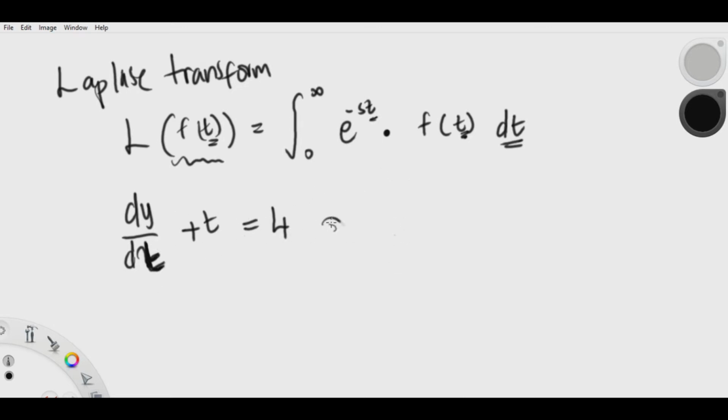And you're told to Laplace this. What this is telling you to do is produce another equation in which each element of this equation has been Laplaced. So this has been transformed, this has been transformed, this has been transformed, and then you put it back in the same order, and that's how you've Laplaced this equation.